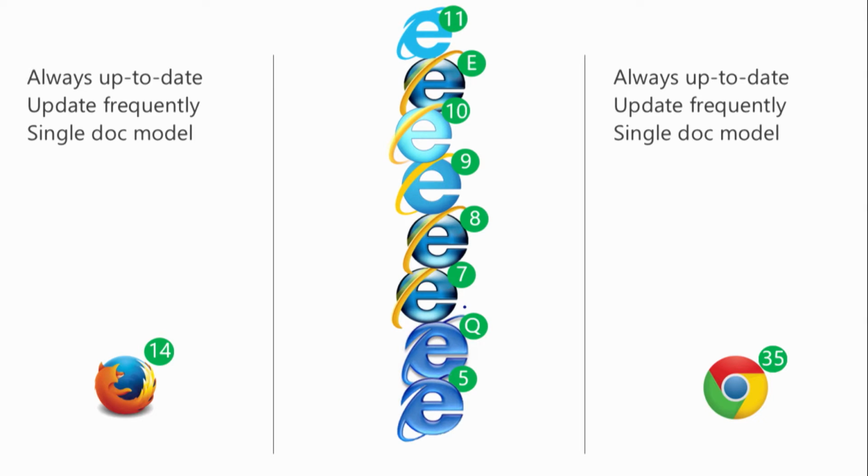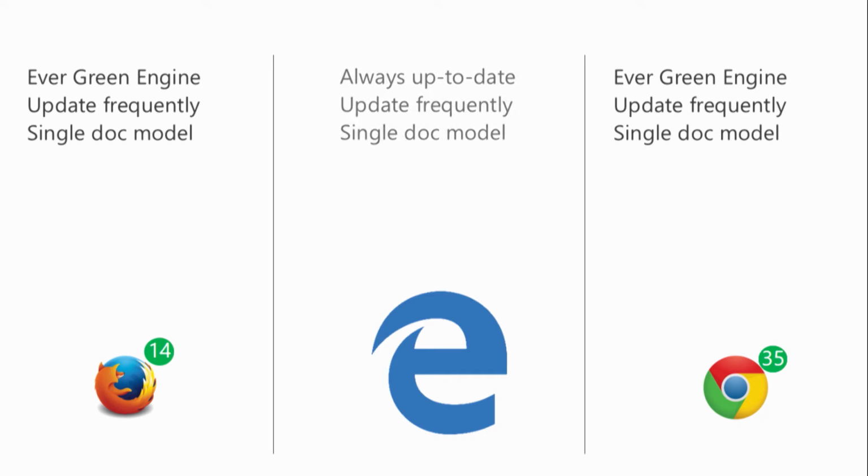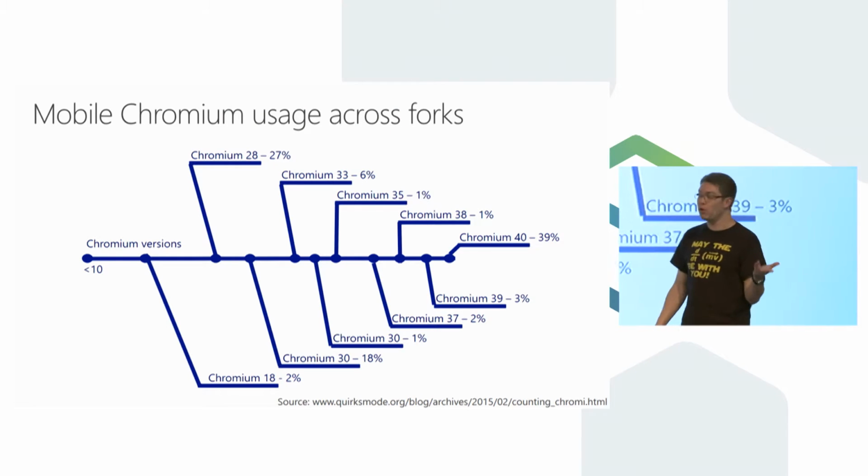Okay? So it wasn't a good plan. So we decided to change that and to remove all this to have a new version. It was Edge, to play the same game and to have a single document model and to update it frequently using standards.